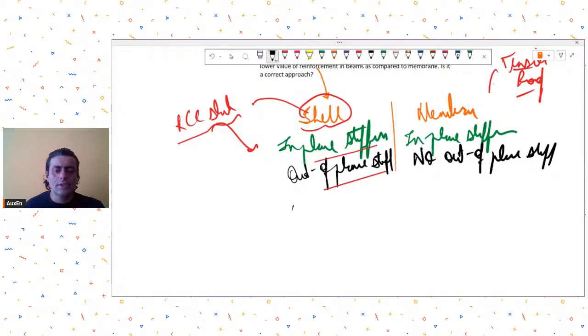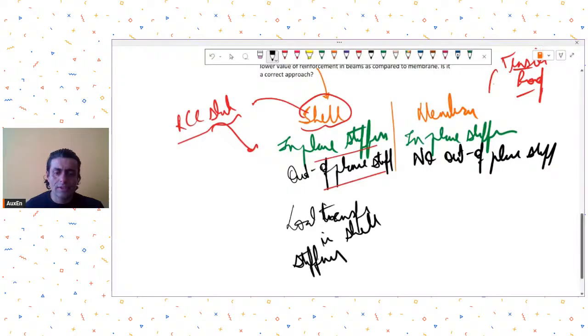So how the load transfers in shell will be in proportion to the relative stiffness between the slabs and beams. Just like we do moment distribution between beams and columns, there will be moment distribution between slab and beams also.